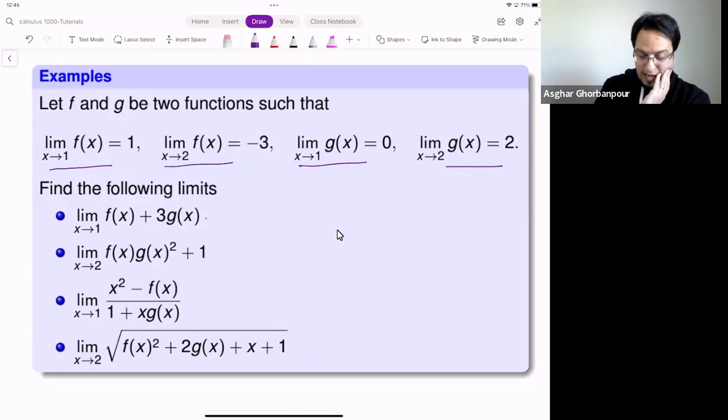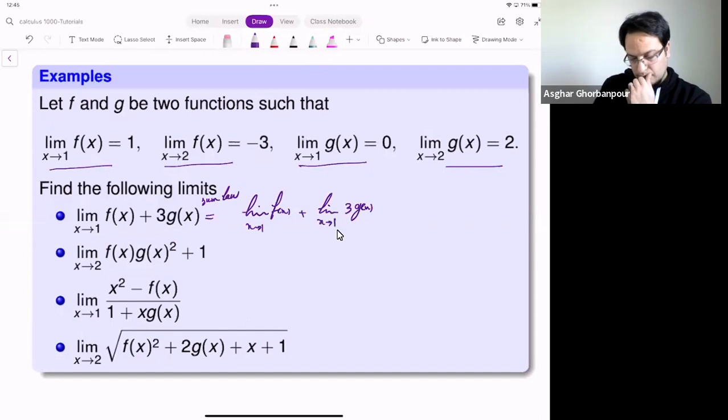Since I know that both of them have a limit as x approaches 1, we can use the sum law, and that will give me the limit of f as x goes to 1 plus the limit of 3g of x as x goes to 1.